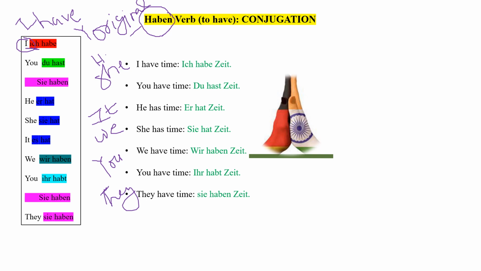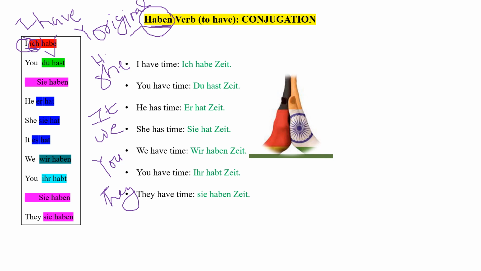Likewise, haben is the original form of the verb. Now this haben is conjugated as per the subject. The subject here is ich, so it becomes ich habe. If you want to say I have a book, you will say ich habe a book.